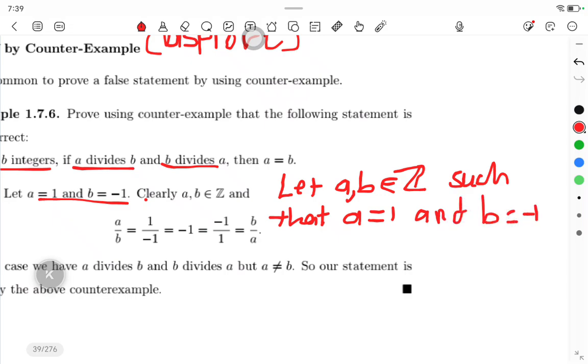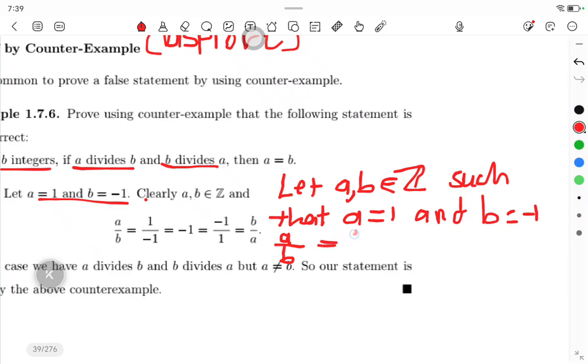These are integers. Now they say that a divides b. When we say a divides b, we are saying that a over b will not leave any remainder.